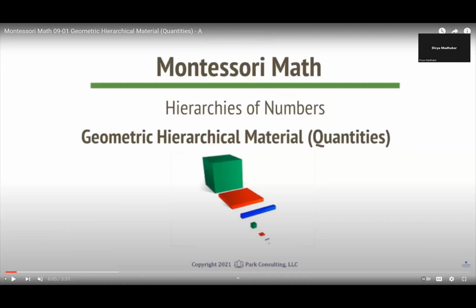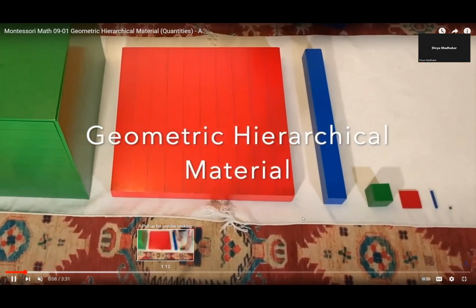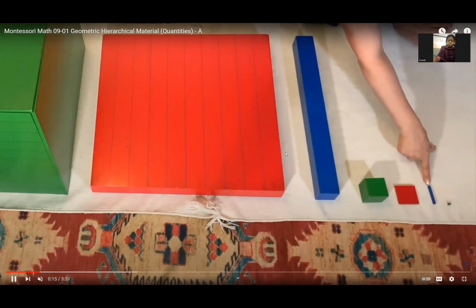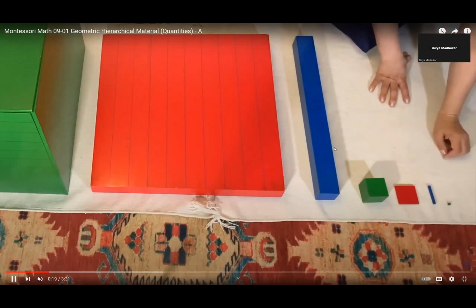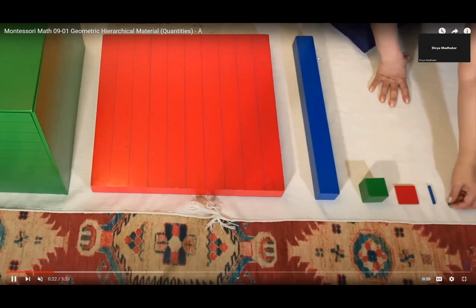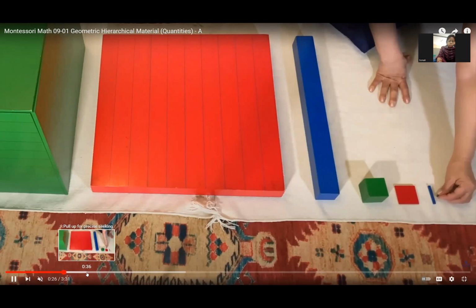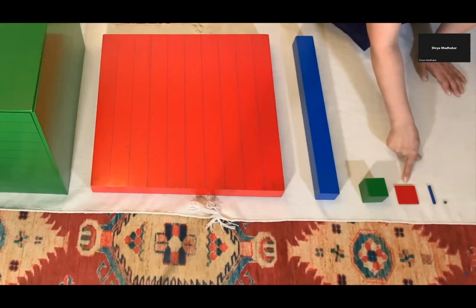So this is your wooden hierarchical material. Now we learned only about the first 4 quantities: units, tens, then we have our hundreds, and thousands. Now this is 10,000s. So 10 ones will make up 10. It is that concept. 10 ones will make up 10. We're using that.